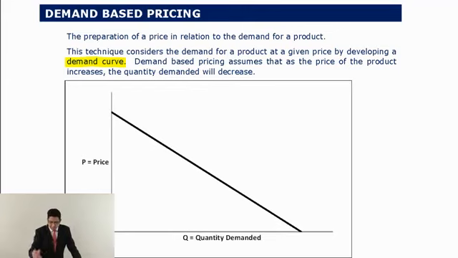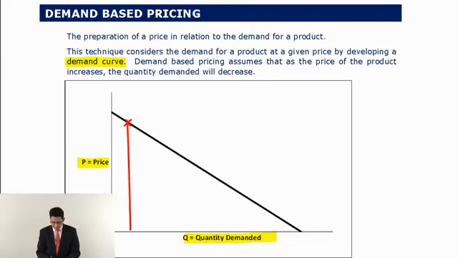On the x-axis we have quantity or demand, which is Q, and on the y-axis we have price, P. Meaning when the price was at this level, quantity was here, and when the price was here, quantity was there.